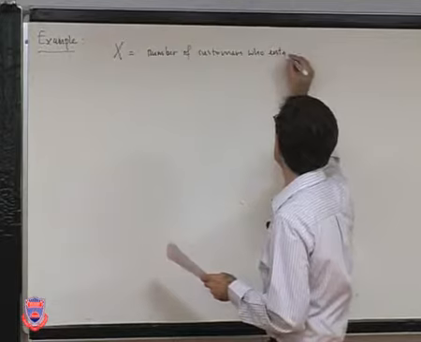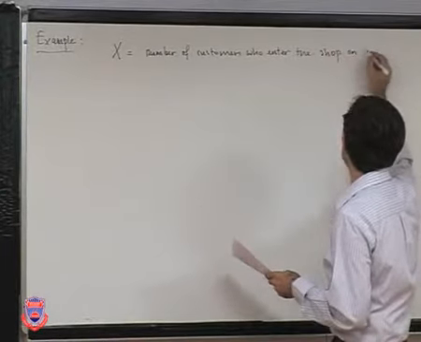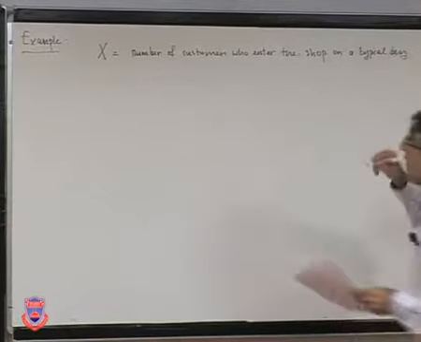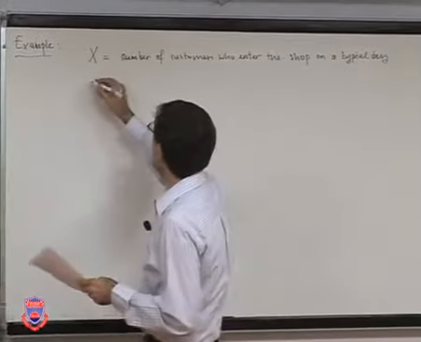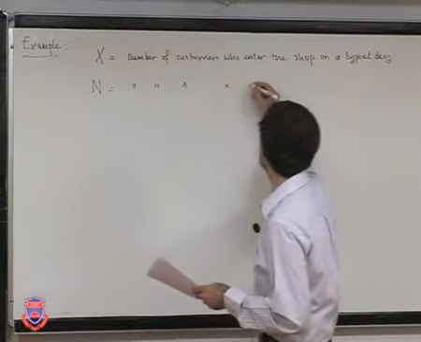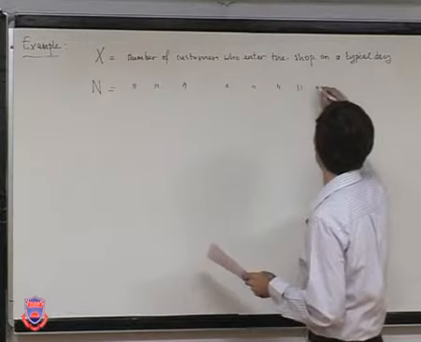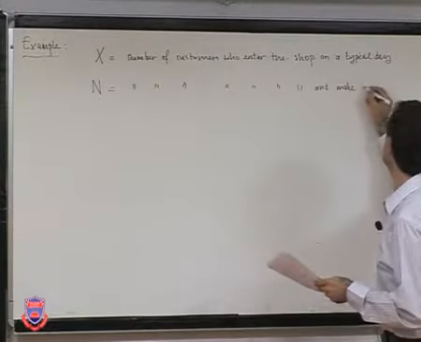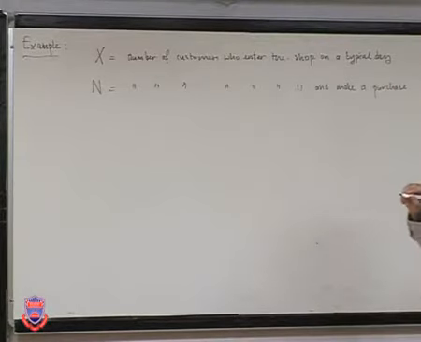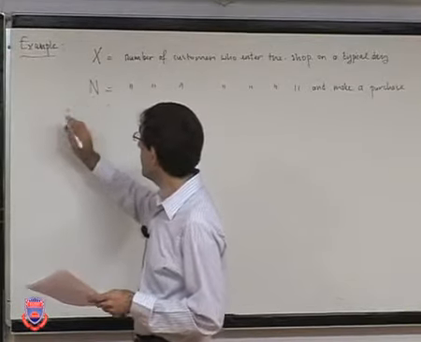And we are also interested in the number of customers who enter the shop and make a purchase, again, on a typical day. So these look quite natural to define.